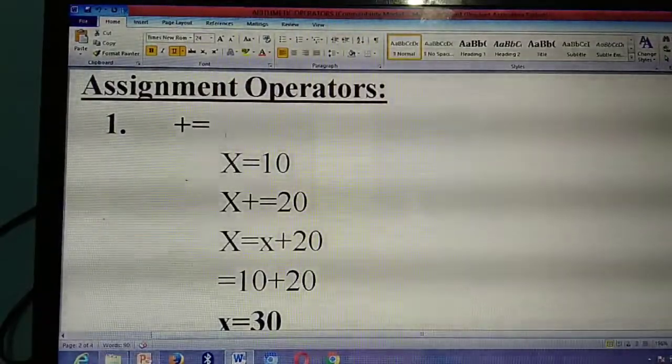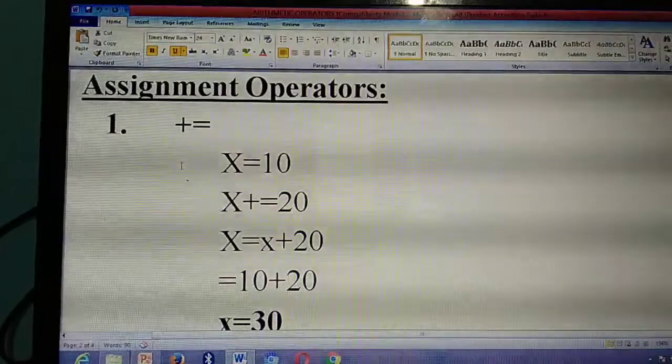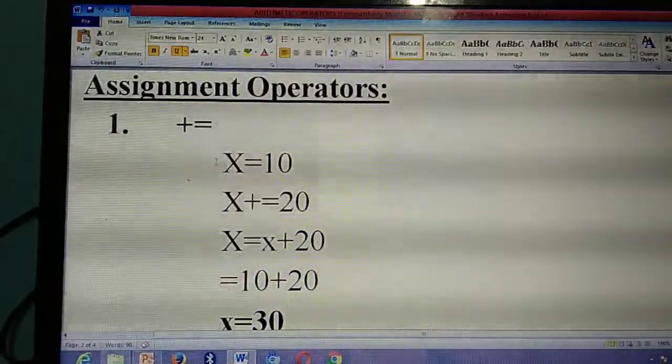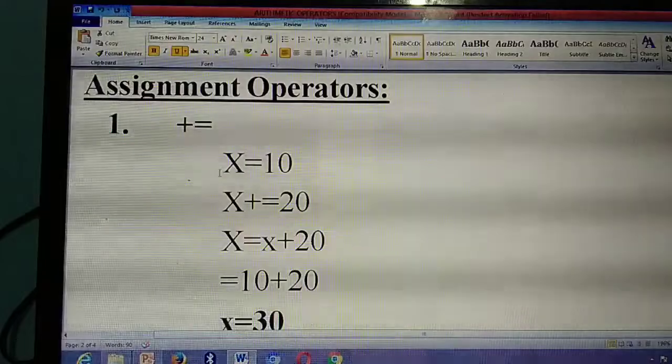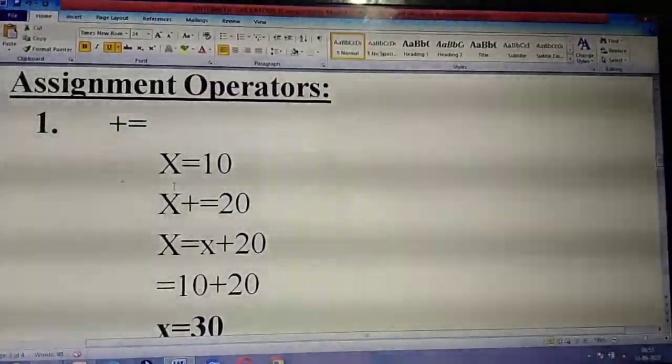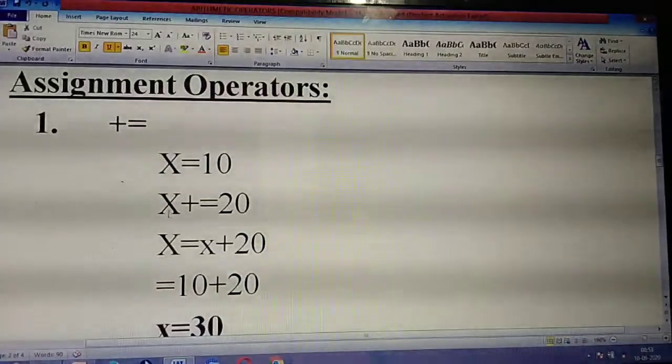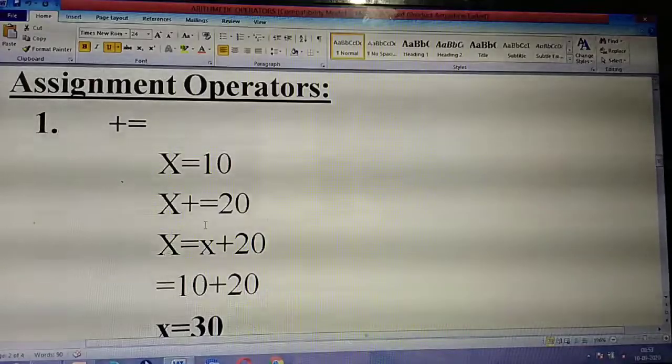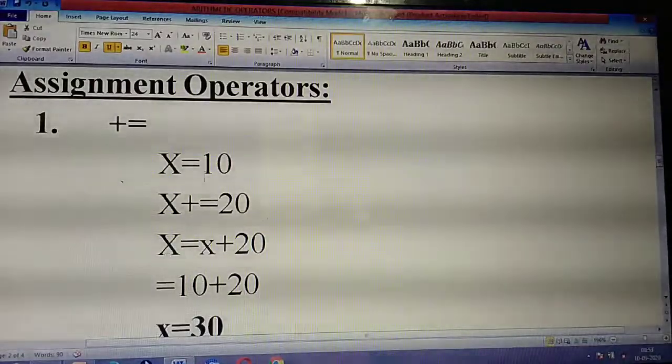In your book also they have given the example. First they have assumed the value x equal to 10. So please note it down. Which operator are we going to perform? Plus equal to. They have given plus equal to 20.